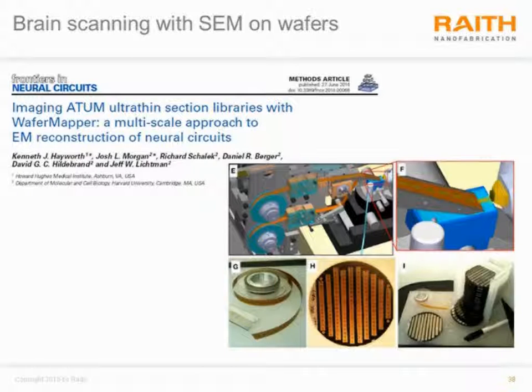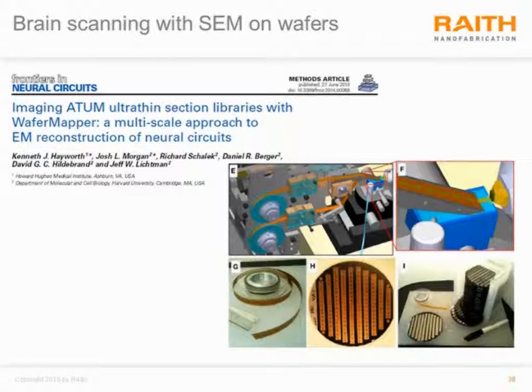Here's another sectioning sample preparation method. This is the automated tape collecting ultramicrotome method. And this is interesting because the brain sections are continually sliced and collected from the water bath here, and they travel up along this tape, and these tapes are then laid out onto silicon wafers. And then these wafers go into an electron microscope for imaging.